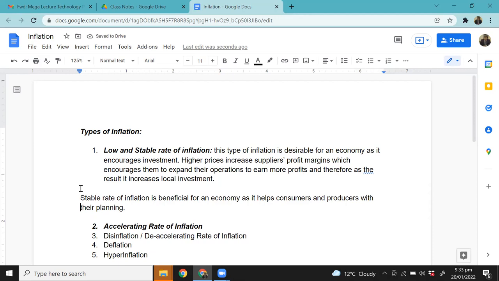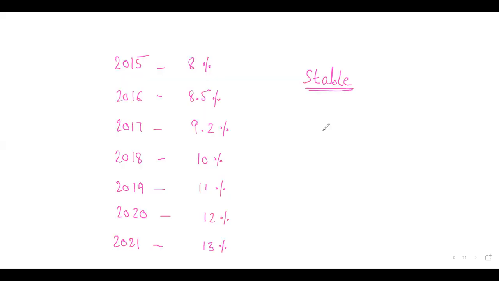Students, are you getting me? Right? Similarly, when businesses do their planning, they also need to know how much will be the rise in prices, so that they can make their decisions accordingly, right? Now, if Mega Lecture knows for a fact that next year prices will be 5% higher, then we know that our rent will be 5% higher.